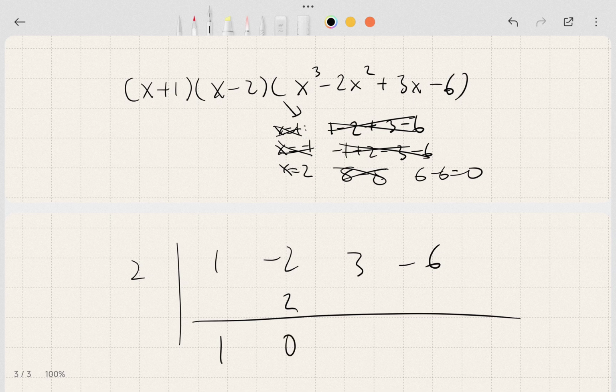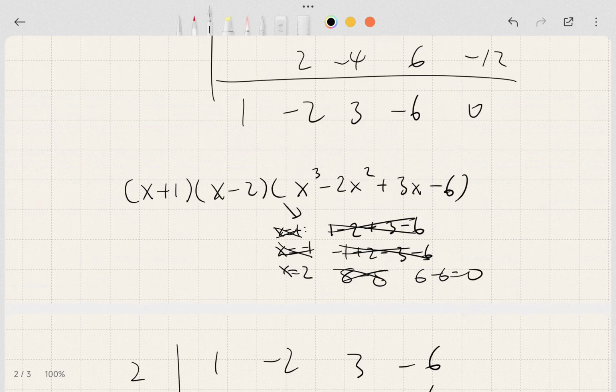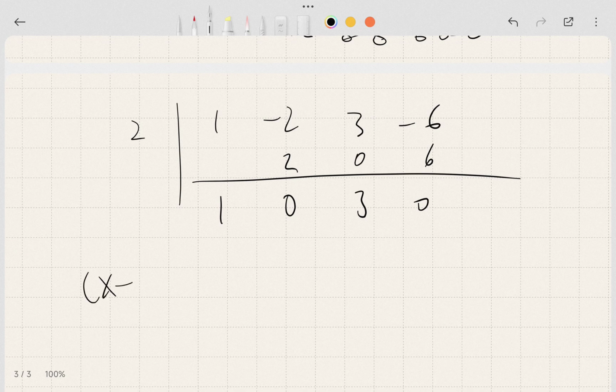2, 1, and so on, the remainder is 0. Okay, so the denominator can be further written as x plus 1 times x minus 2 squared times x squared plus 3.